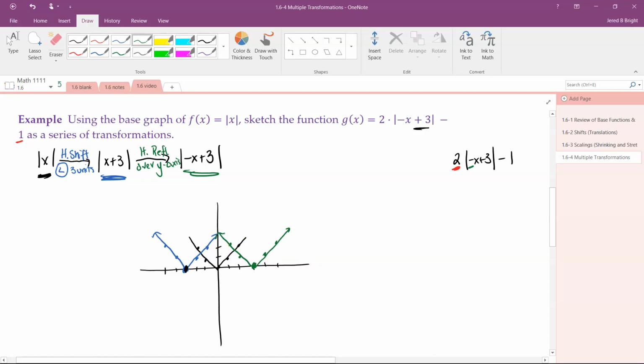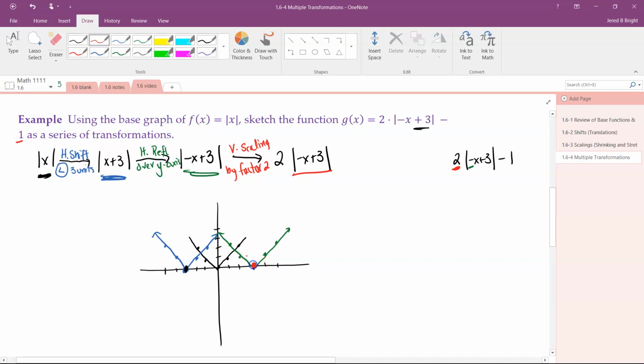So then next I have the vertical stretch, which is going to take this to, so I'm going to take the whole thing and multiply it by 2 to change the output. Okay, and again, this is going to be in red, and this is going to be a vertical scaling by factor 2. Which in essence just doubles the y value.